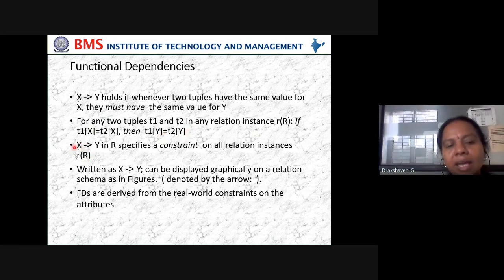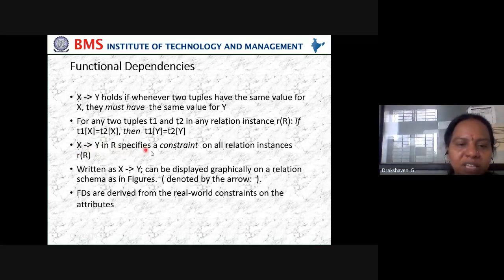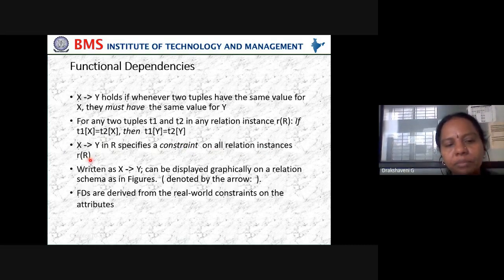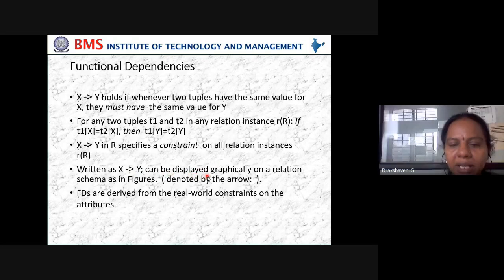The same way, X functionally dependent on Y in R specifies a constraint on all relation instances R of R. It can be displayed graphically on a relation schema as in the figure. We'll see how that is done.